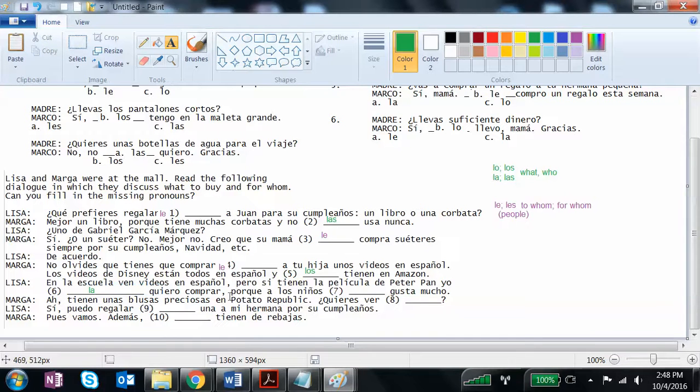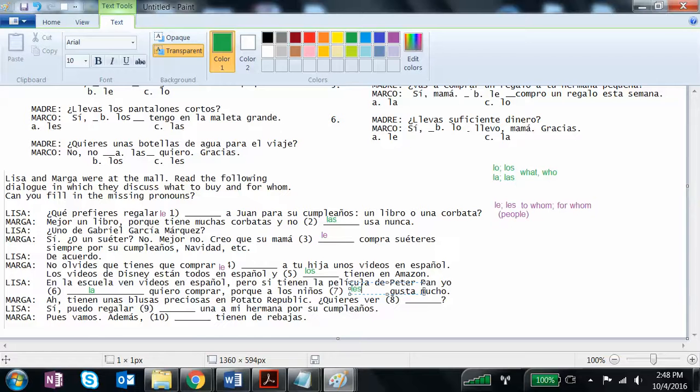Okay. Porque los niños, and you know with gustar that you use your indirect object pronoun, you're going to make it agree with this, with a los niños, and that's going to be the indirect, that's going to be le.